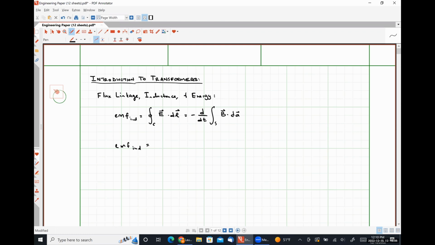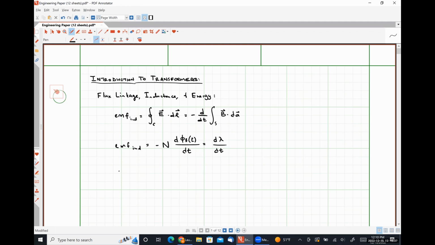So we can call this EMF induced as negative N times the derivative of the magnetic flux as a function of time. And this is sometimes expressed as the derivative of lambda with respect to time.